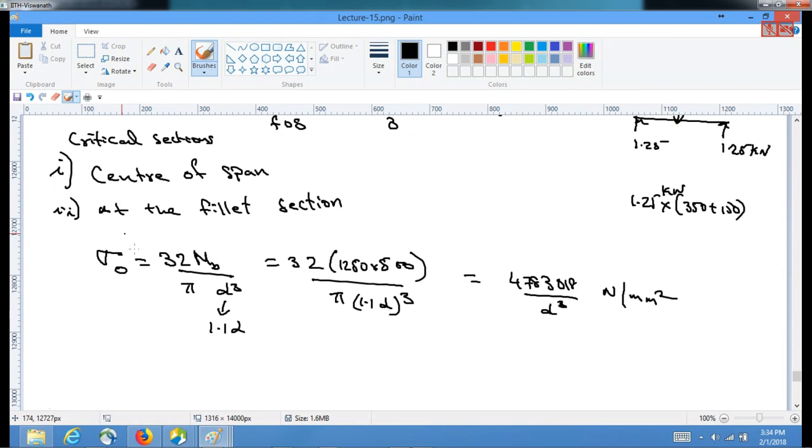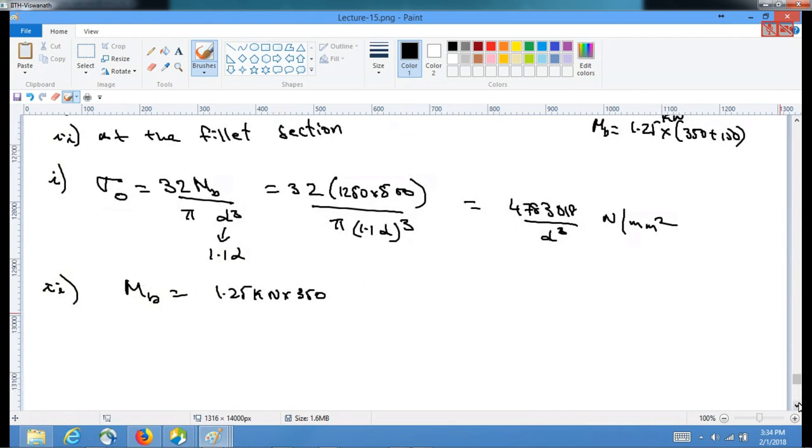Now similarly, that was the first section. At the second one, your MB is given as 1.25 kilonewton into 300, since the fillet is at 350 mm, which gives you the bending at that place.